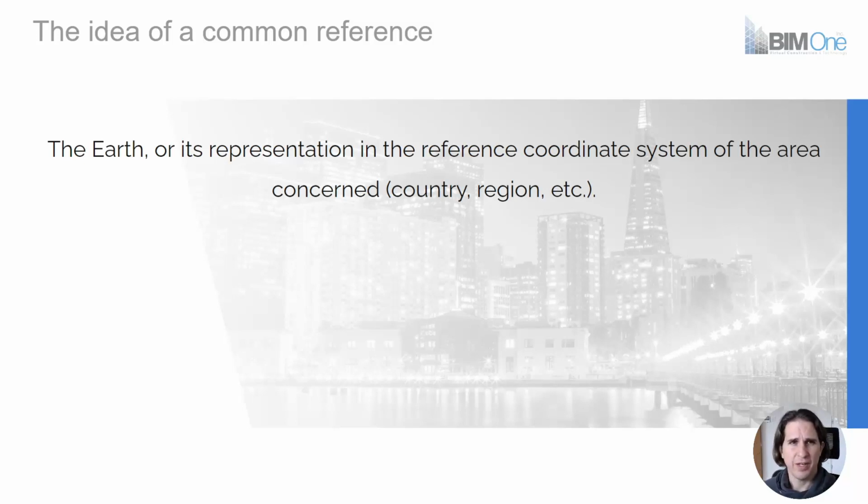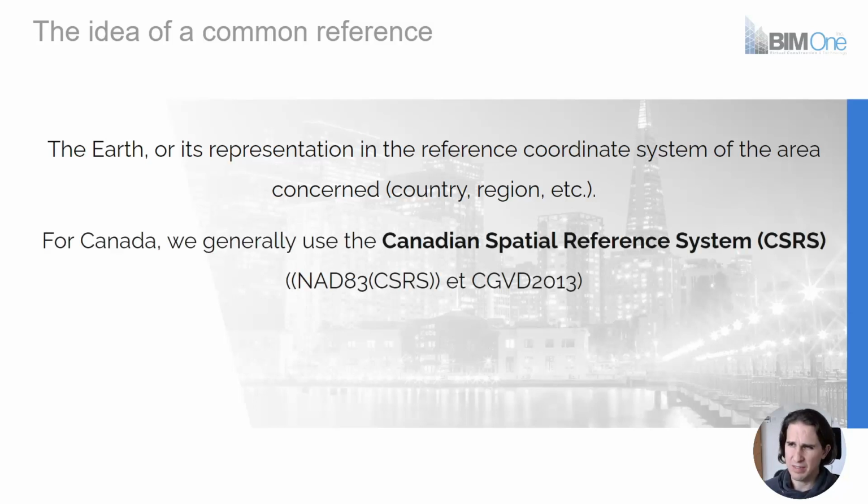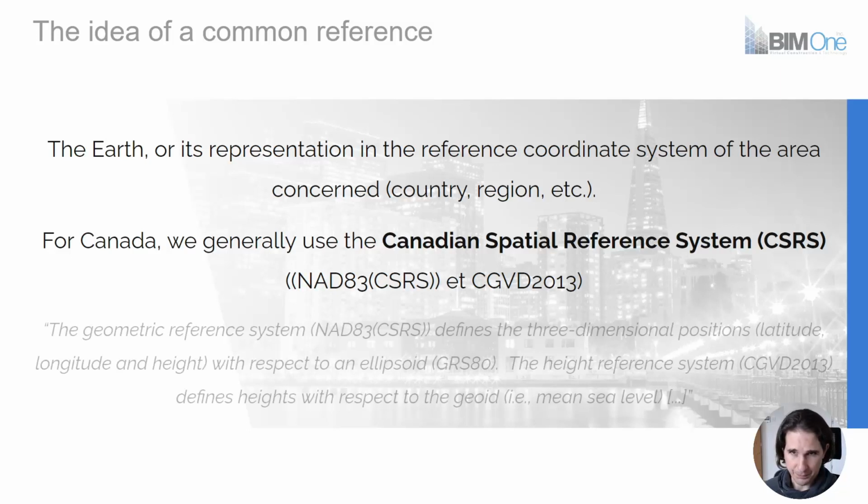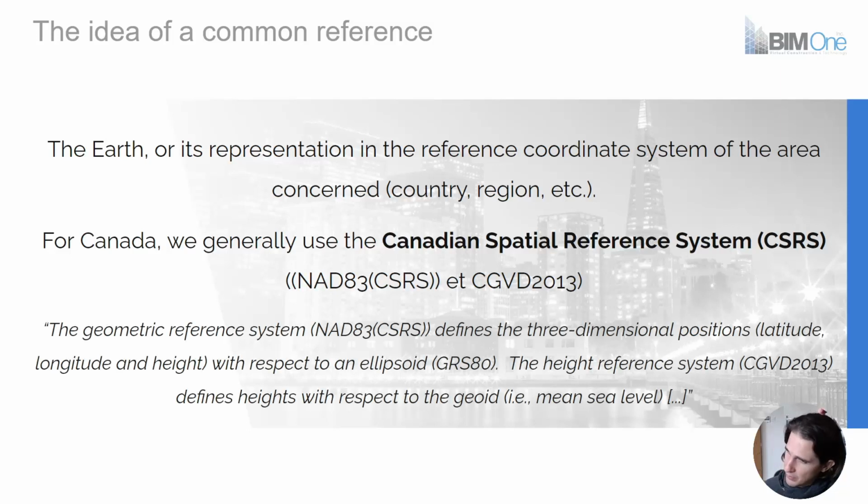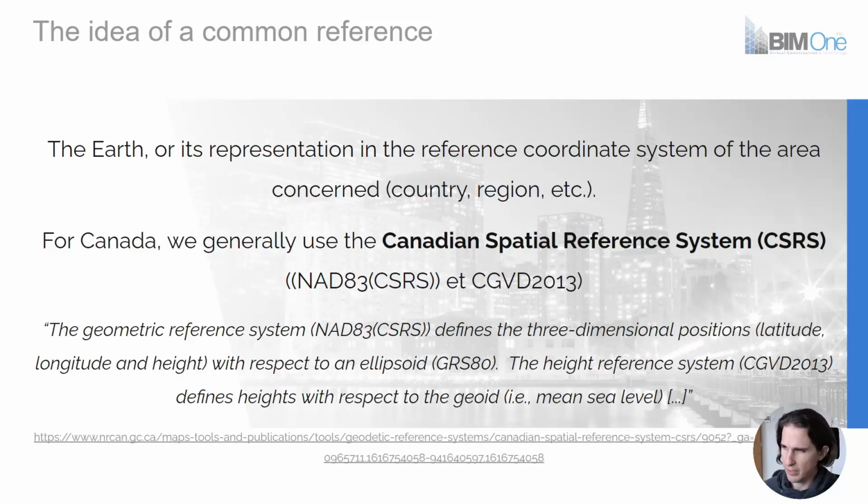For example, for Canada, we usually use the Canadian Spatial Reference System, CSRS, with two projections: one, NAD 83, that would give you the longitude, latitude and the elevation, and the other one, the CGVD, would be the mean level average that you would get from that system. You can find those definitions on the Natural Resources website of the Canadian government. Here you'll get the link.